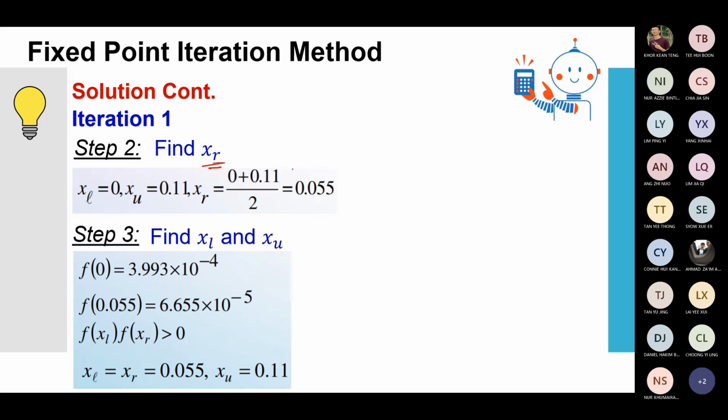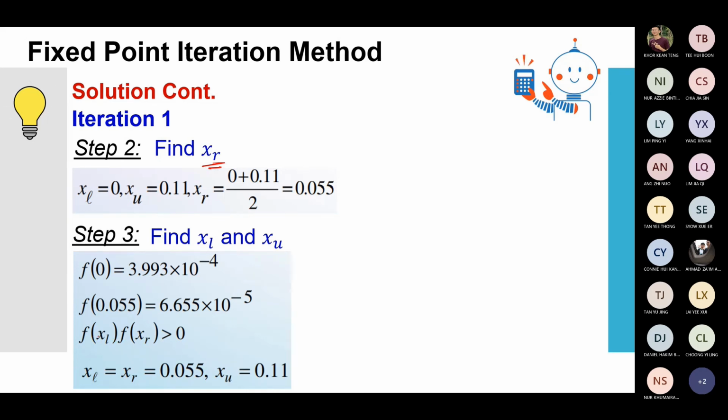Then we determine whether the product is less than 0 or greater than 0. When we multiply the two values, we obtain that F(XL) times F(XR) is greater than 0. What does it mean? I showed you the condition just now.